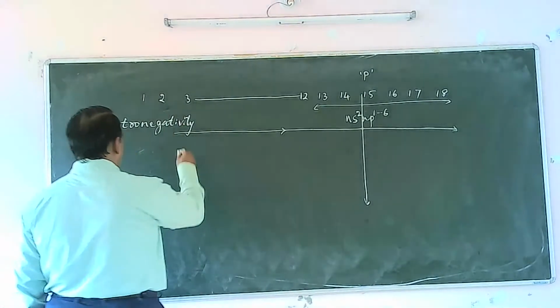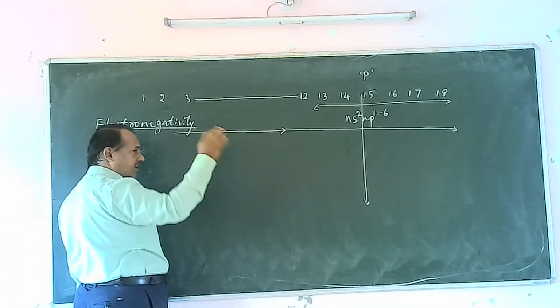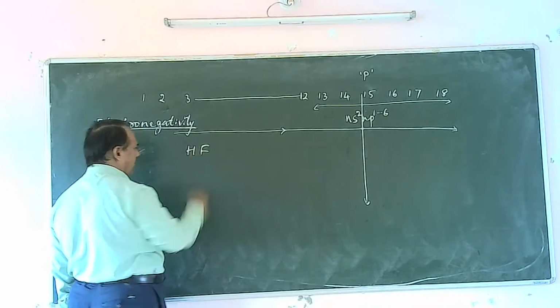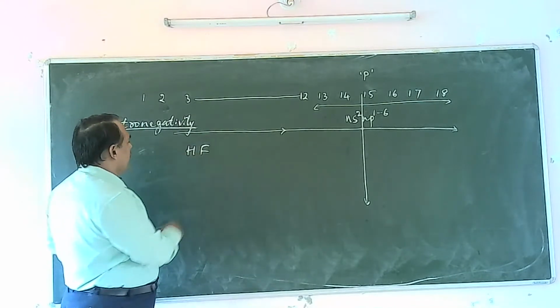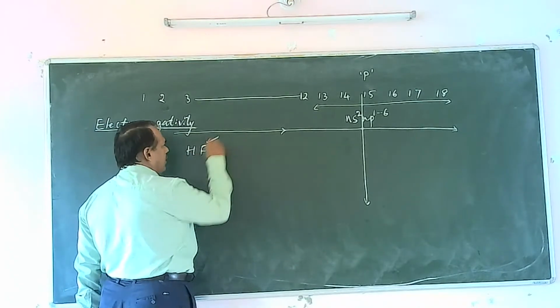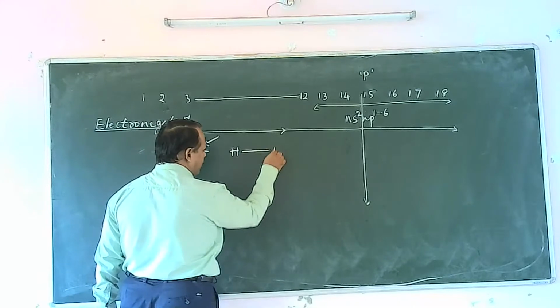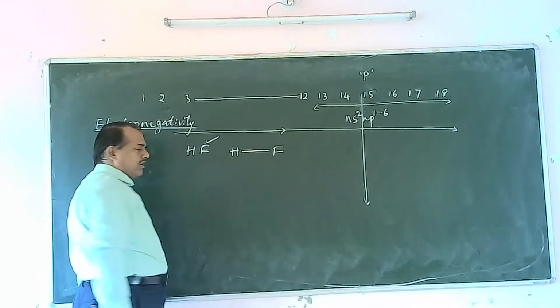So by knowing the electronegativity of different compounds and different elements, take for example HF, the compound hydrogen fluoride. Here, fluorine is more electronegative. The electron cloud is more towards fluorine.